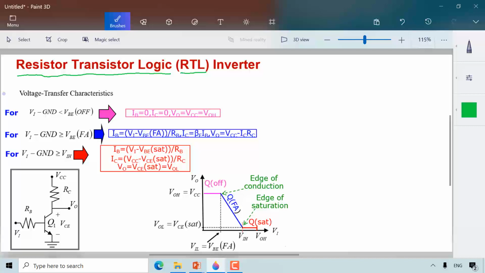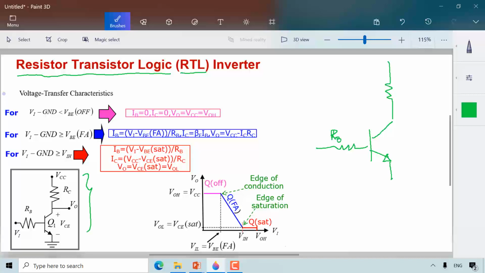I know that on this side we are showing the circuit, but I'm going to draw it here one more time so that you understand the main component. Obviously, the main component is our BJT device. The base of the BJT is connected to a resistor called RB.